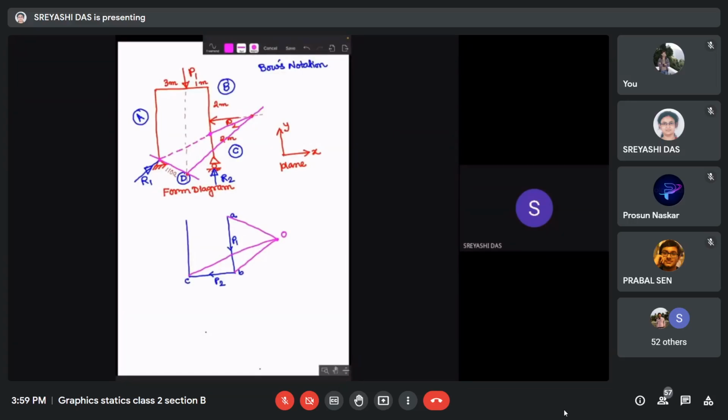Now we will join the first point and the last point. Now we will draw a line parallel to this dashed line from O. I'm drawing not to scale. It will cut this vertical line from C at D. So this will be our D point.